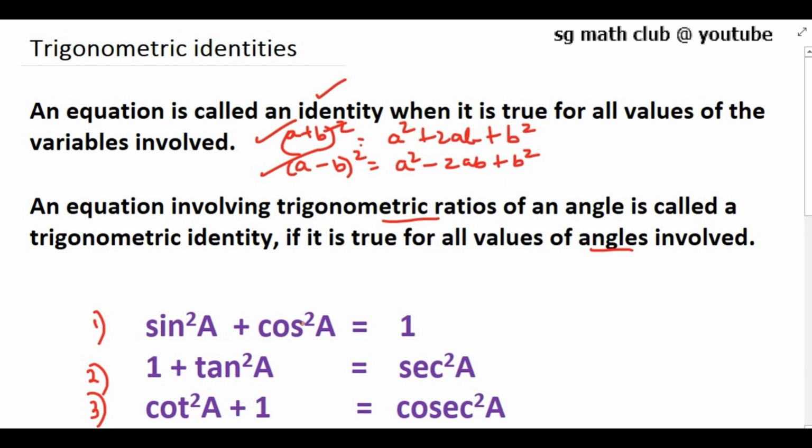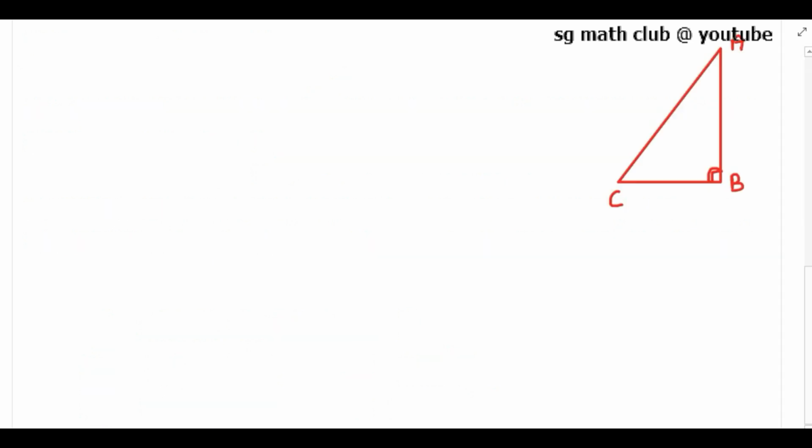Sin square A plus cos square A equal to 1. What is the proof for these trigonometric identities? One by one we will see now. Consider a right angled triangle ABC, right angled at B. By Pythagoras theorem, the sum of squares of two sides is equal to the square of the hypotenuse. So AB square plus BC square is equal to AC square.